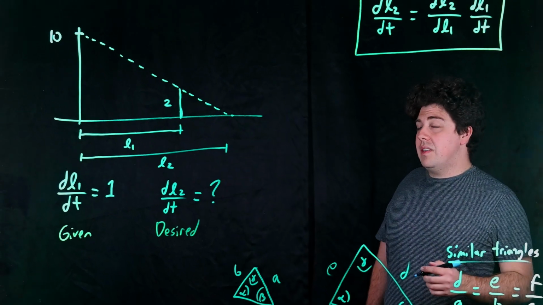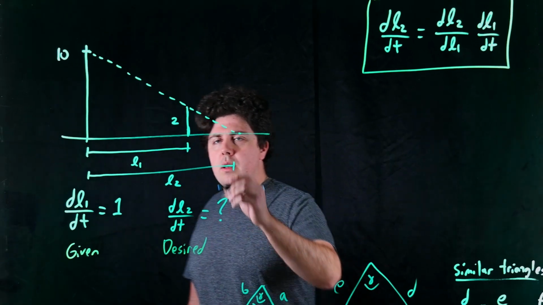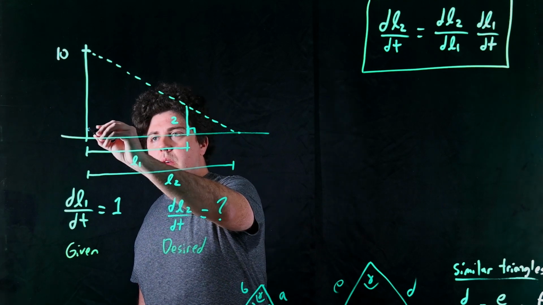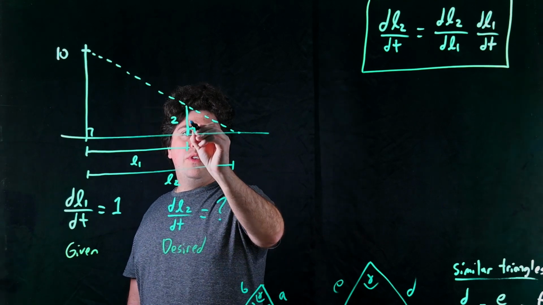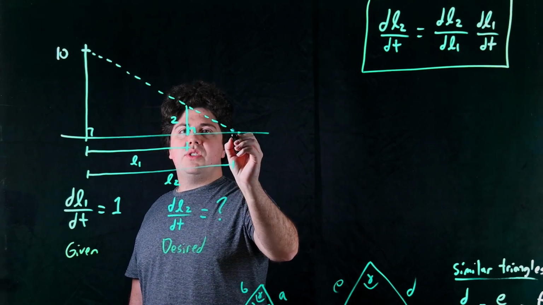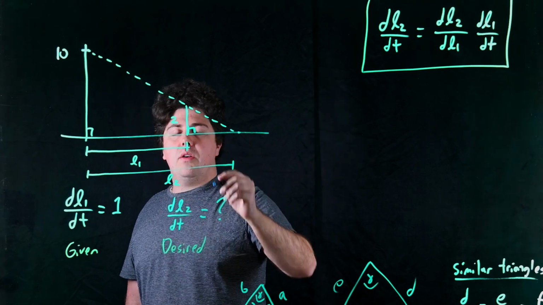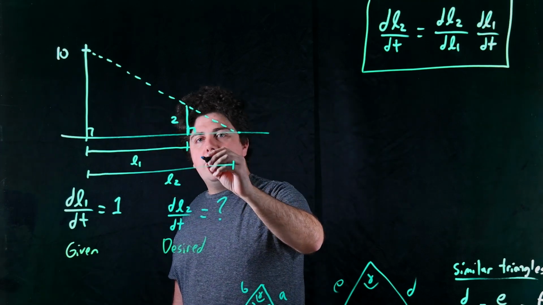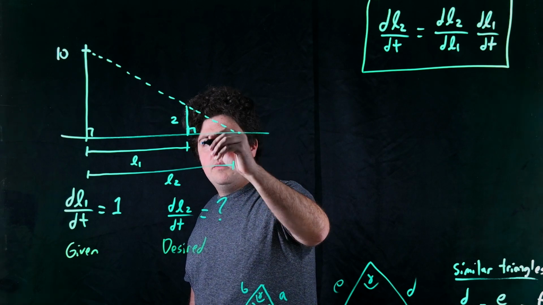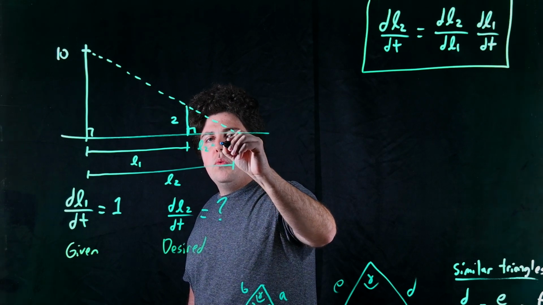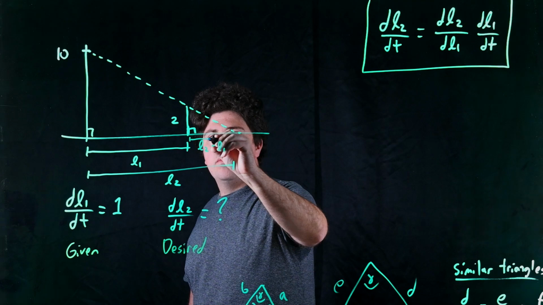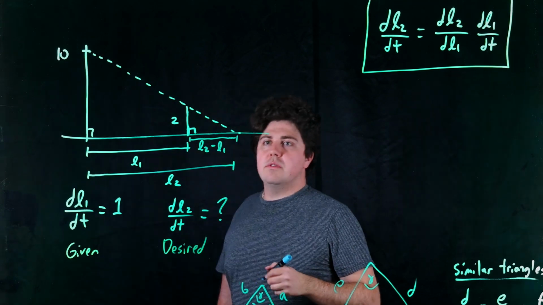So how can we apply this to the case here? Well, note, these are two right triangles. This little triangle is similar to this big triangle, and the base length of this little triangle is going to be L2 minus L1. So what do similar triangles give us?